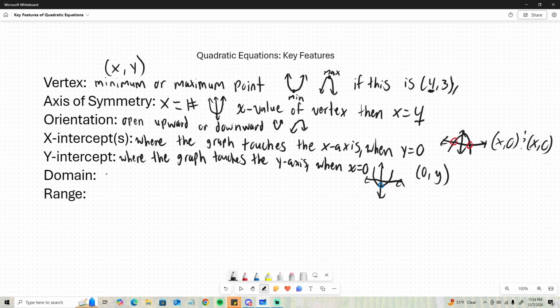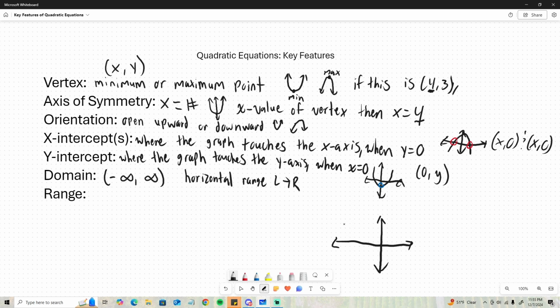My domain is what my x values could possibly be, going from left to right. For all parabolas that exist, this is from negative infinity to infinity. This is my horizontal range, I guess you could say, or left to right.